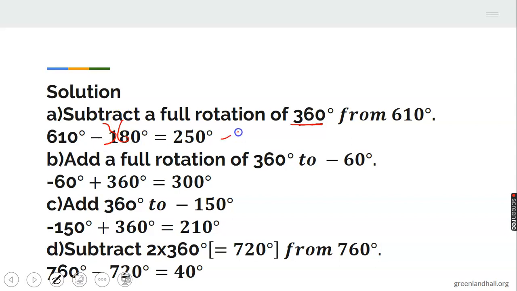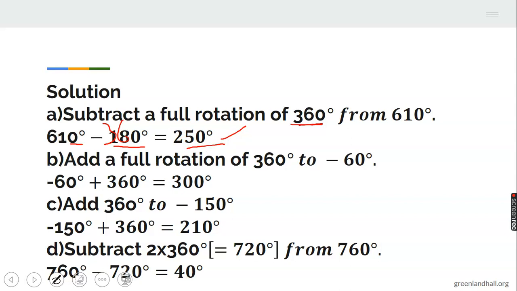And whatever is left, we have that. You have that one as 250 degrees. So it's 610 minus 360 degrees. And the answer is 250 degrees.